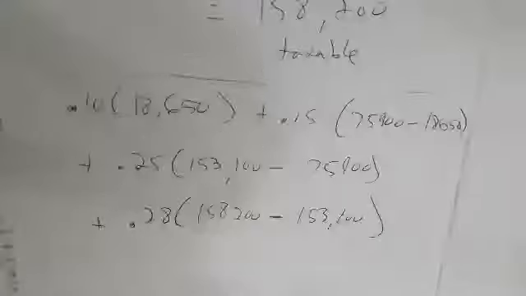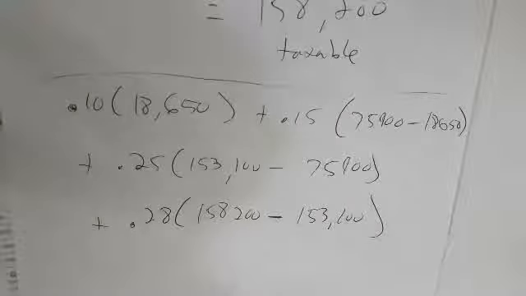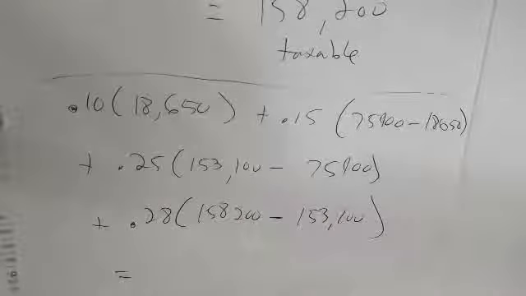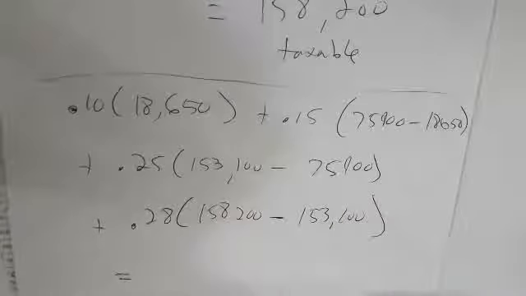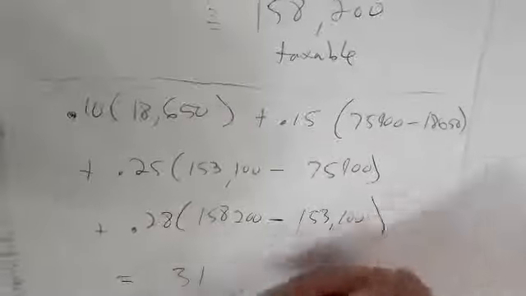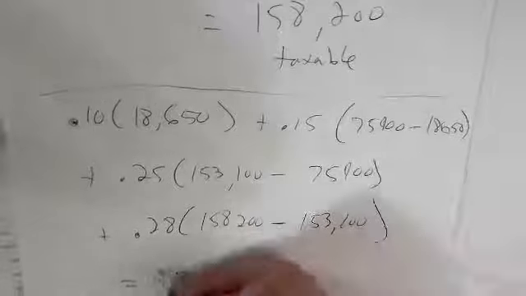These are what my four brackets should look like. Okay, with that said, I get 10% of 18,650. I should be able to add these four brackets, and I'm going to skip a little bit. They say your total tax for married should be 31,181.